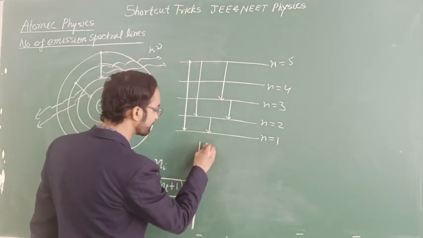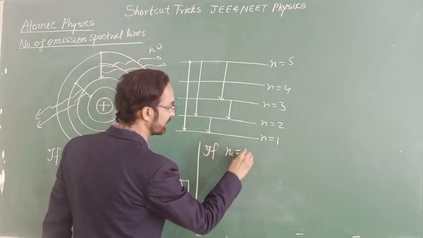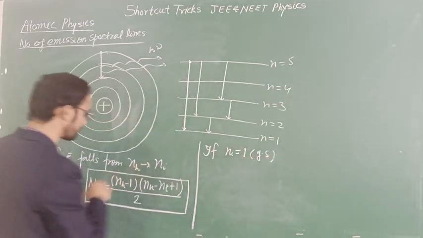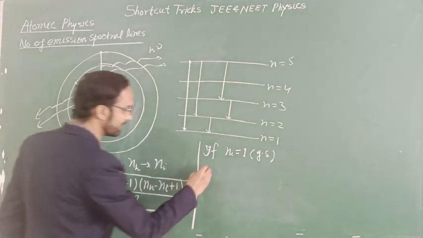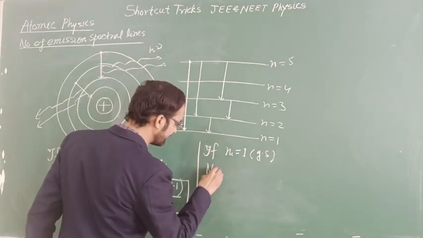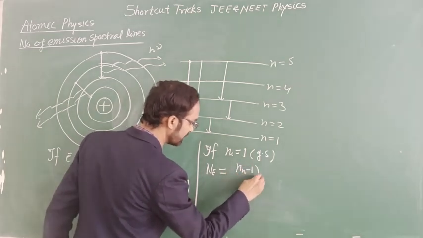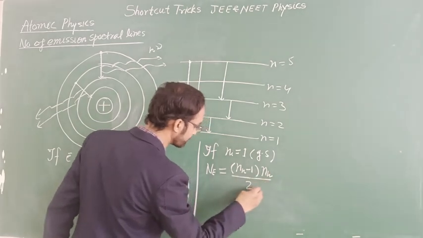Now if ni equals to 1, means if this is the ground state, then put ni equals to 1 here. So what we will get here? In this case, Ne equals to (nH minus 1) into nH upon 2.